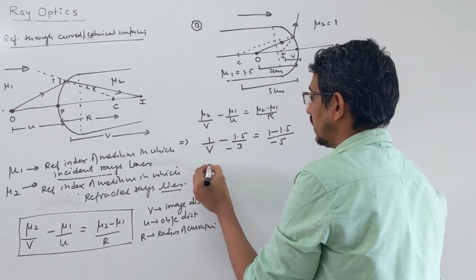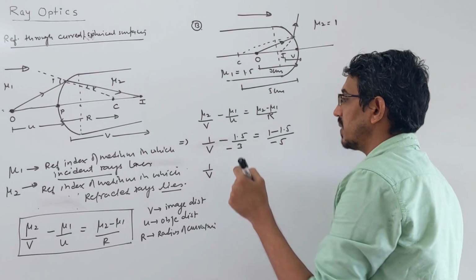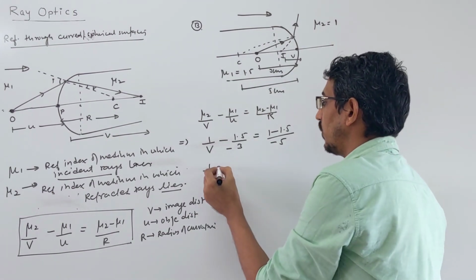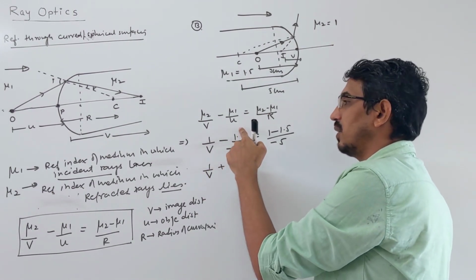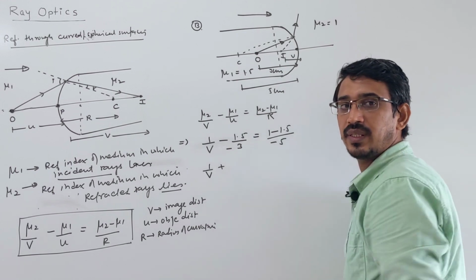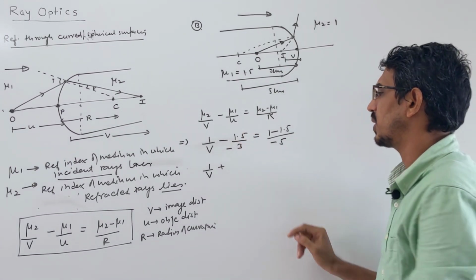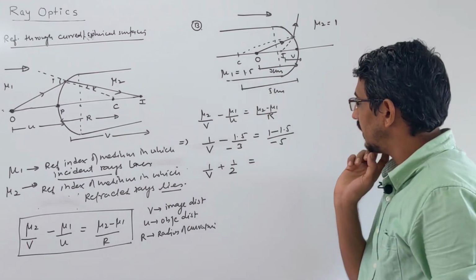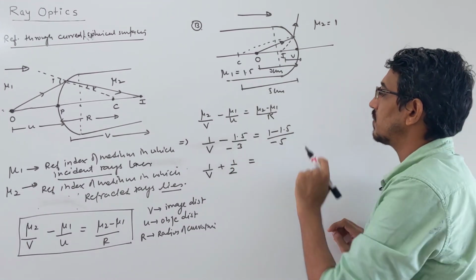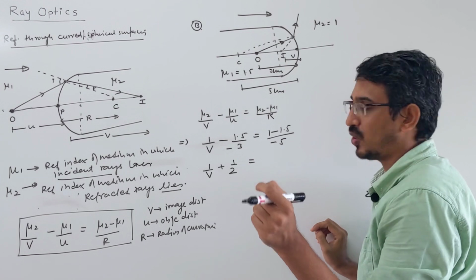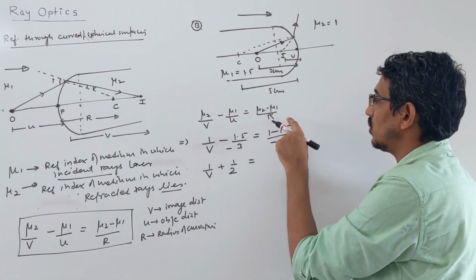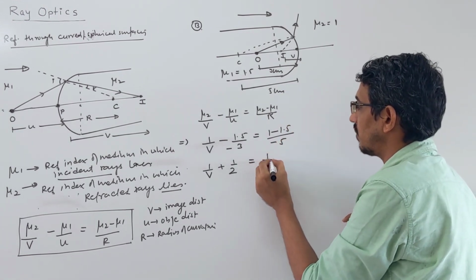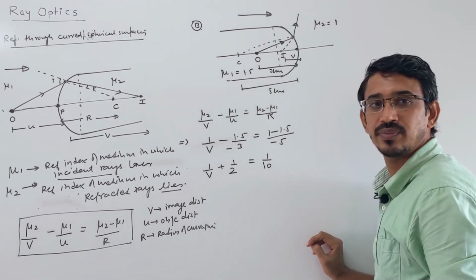So this is 1 by v, minus becomes plus, 1.5 you can write as 3 by 2. This is actually 1.5 by 3, so you can write it as half also, your choice. Here we have 1 minus 1.5, which means minus 0.5, and minus gets cancelled, 0.5 by 5 means you can write this as 1 by 10 also, correct.